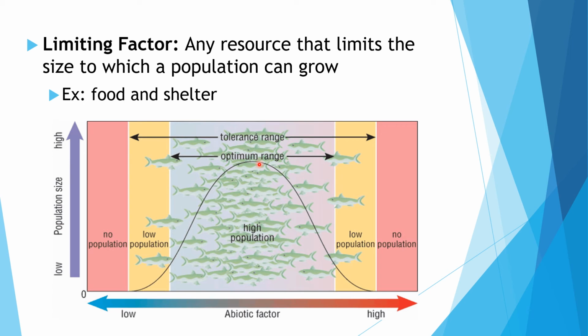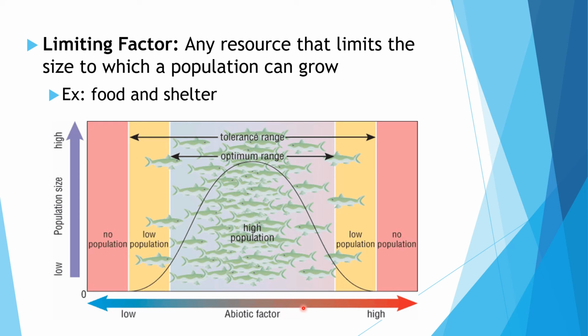And the optimum range is like that range that this species can thrive in. So here you see a very high population because at this specific temperature in this area from here to here, we're in the fish's optimum range. Okay, so a high population is going to exist if the conditions are optimal for the species survival.